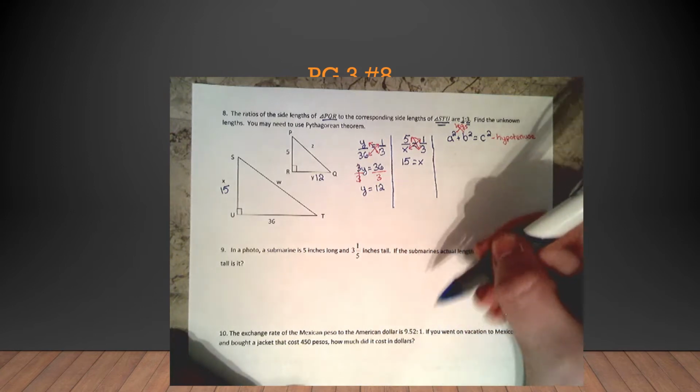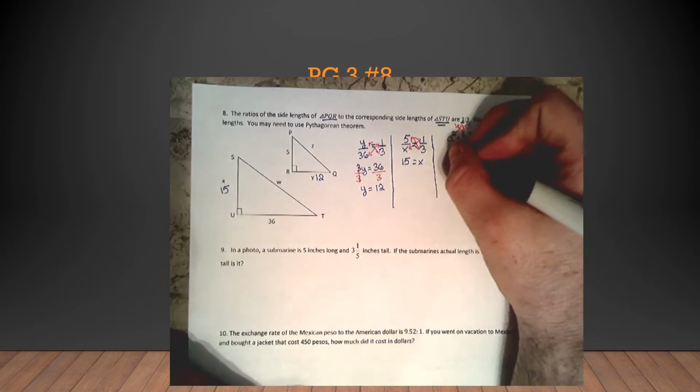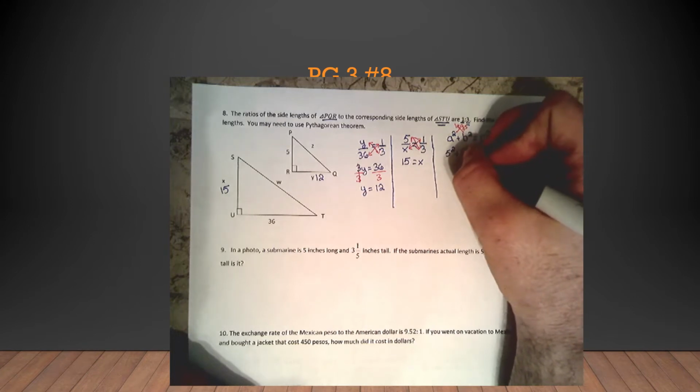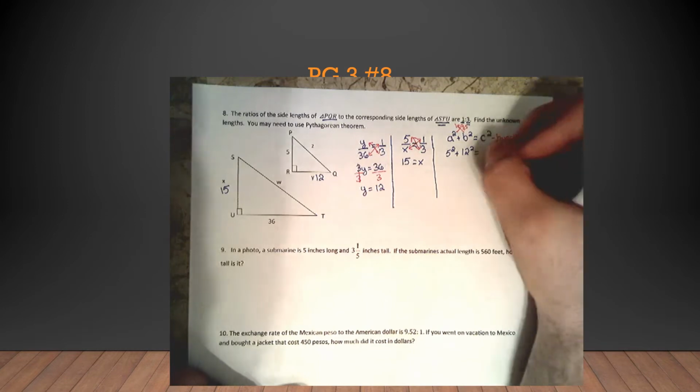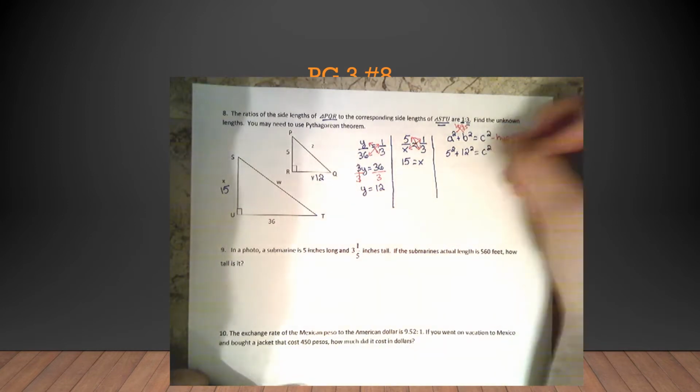So what I would have is 5 squared plus 12 squared equals what we're trying to find, the hypotenuse, so equals c squared.